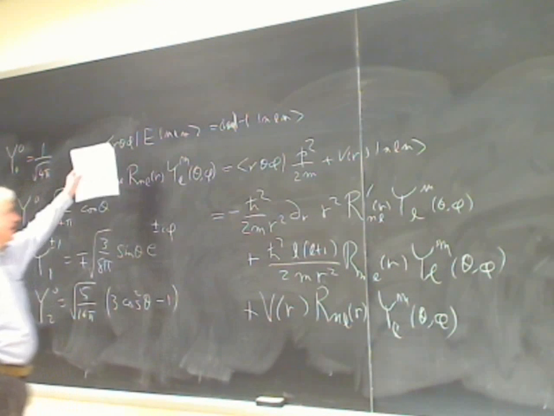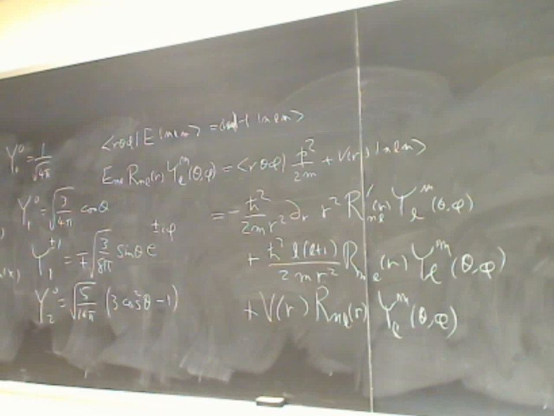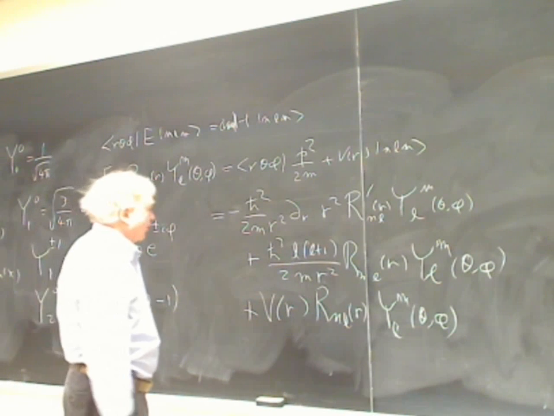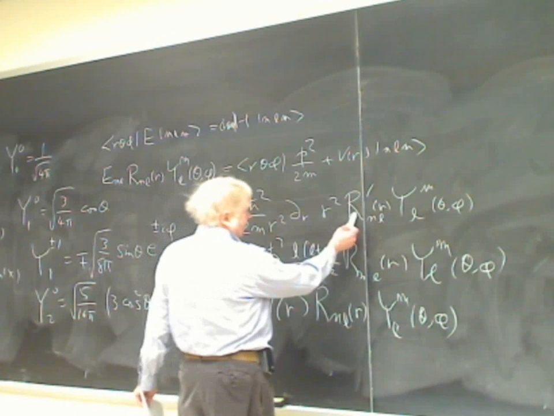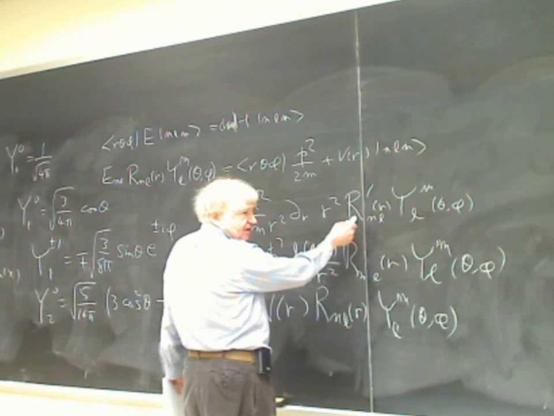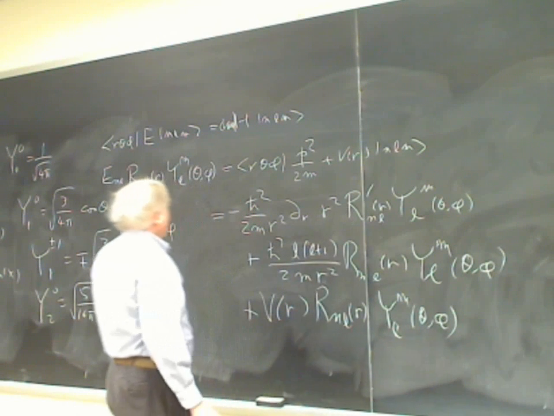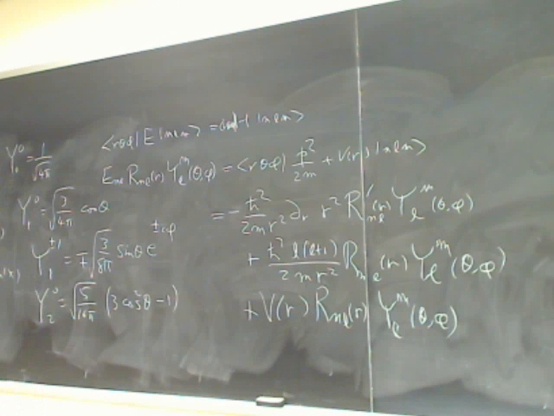So that's that eigenfunction equation, it just becomes this. And what you notice here is that R prime just means the derivative of R_nl with respect to r. Y_lm is then a common factor, and you can cancel it.